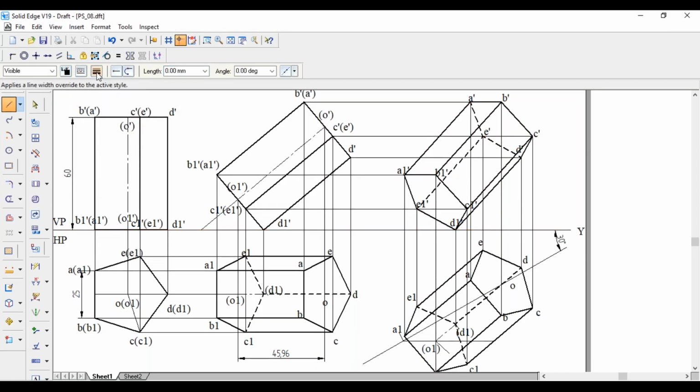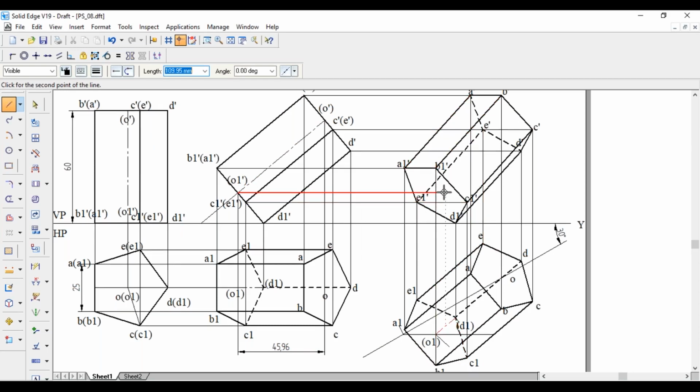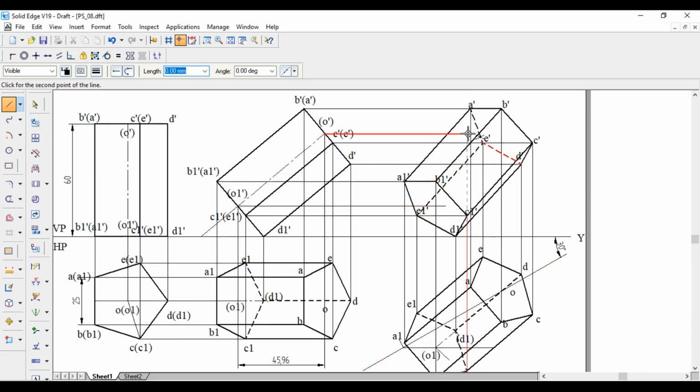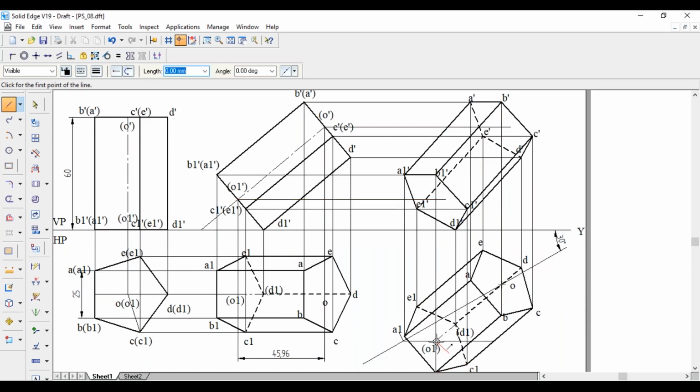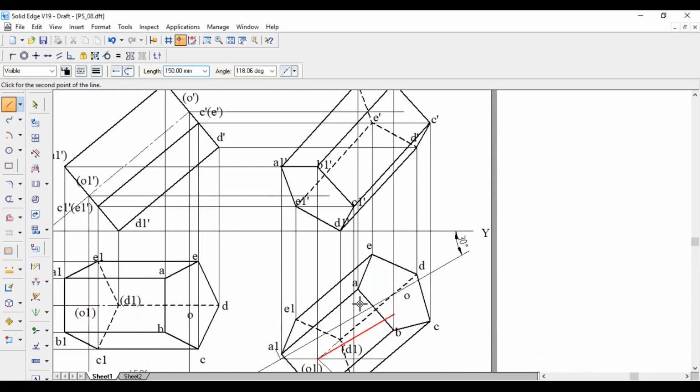Now, moving to the axis line. It is coming very near to that one.